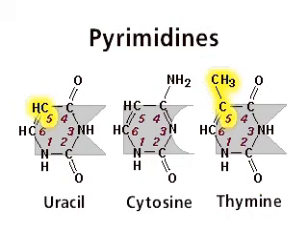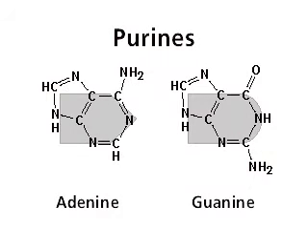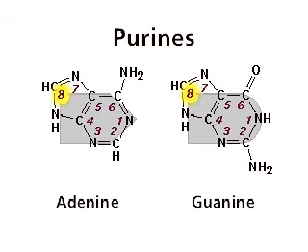Thymine and uracil differ only at position 5. The atoms in the purines are numbered 1, 2, 3, 4, 5, 6, 7, 8, and 9. Note the structural differences between adenine and guanine at positions 2 and 6.